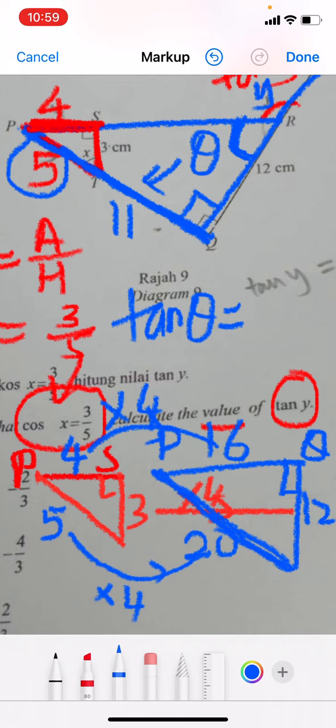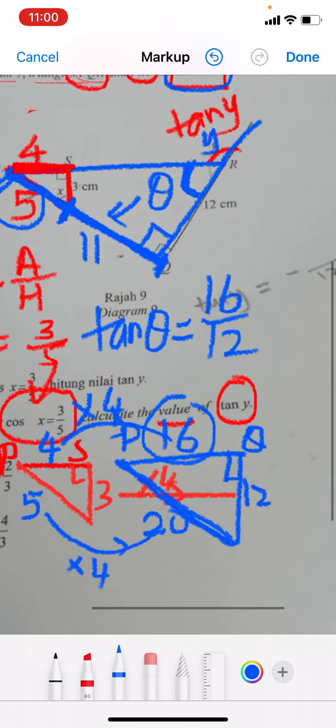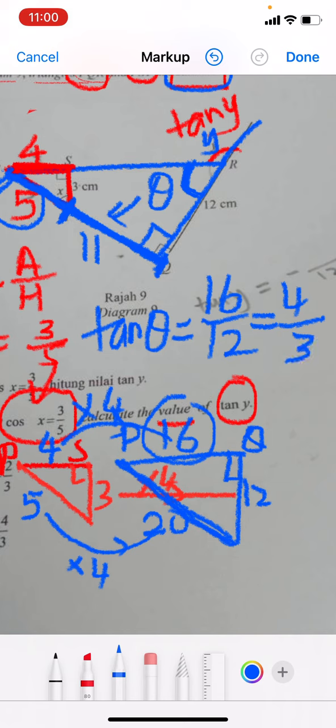We just want the whole length. From here to here is 11, here to here is 5, but we want the whole length, which is 16. So PQ is 16. So we can say tangent theta is 16 over 12, right? If you simplify further, it will be 4 over 3.